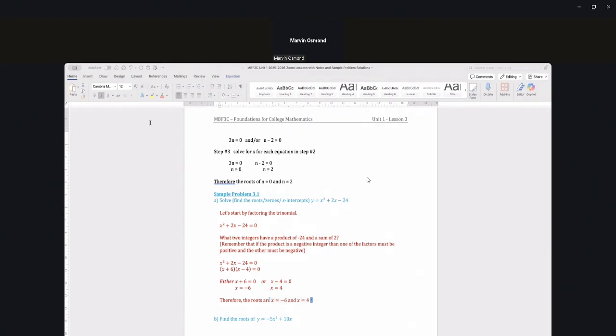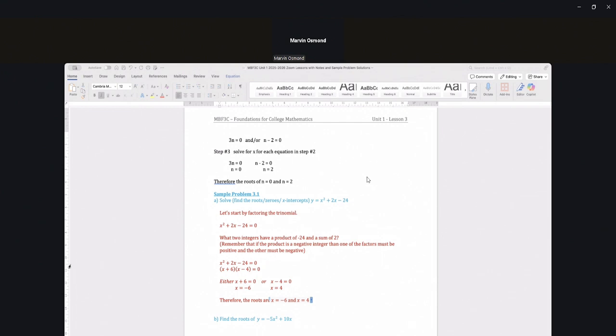Okay, I'm going to get this one up here, get rid of that one. So y equals x minus 6, x plus 4. Where does it cross the x-axis? Crossing the x-axis at negative 4 and positive 6.